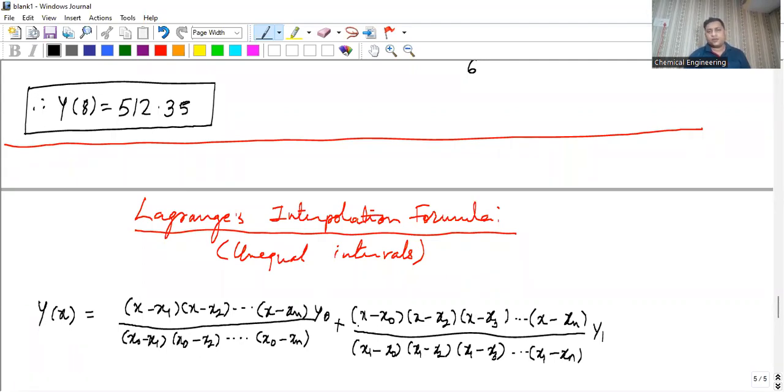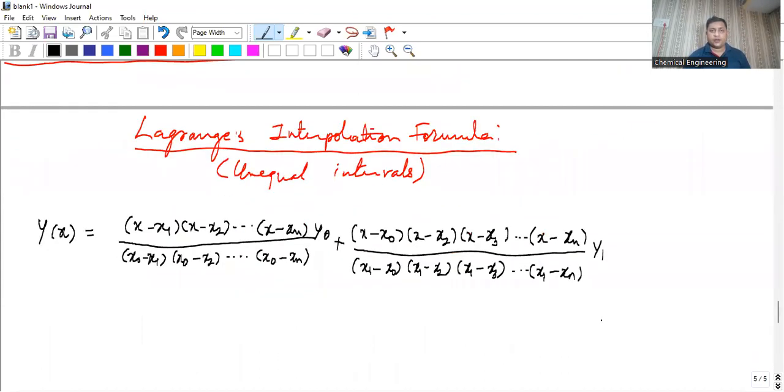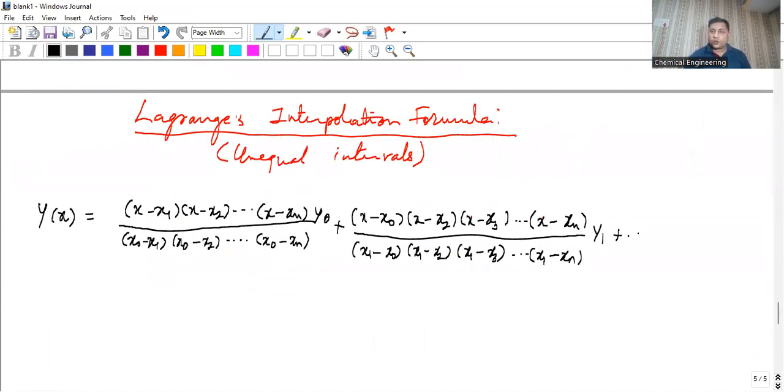See the numerator: in the first term, I am not considering x minus x0, and in the denominator, x is replaced by x0. Now see the next term: I am not considering x minus x1 in the numerator, and in the denominator x is replaced by x1, and here you have y1. And so on, we can go on constructing all the terms.